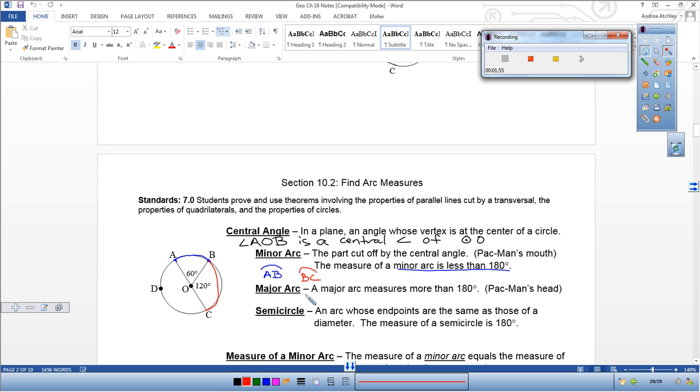Okay, major arcs measure more than 180, and you need 3 letters to name a major arc.